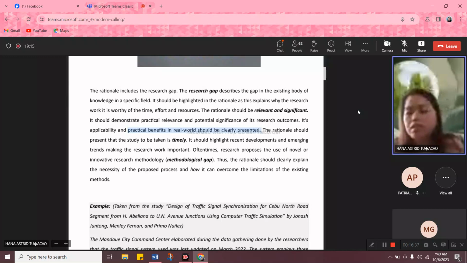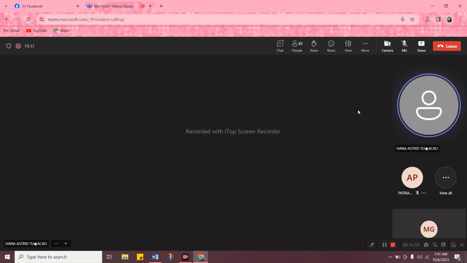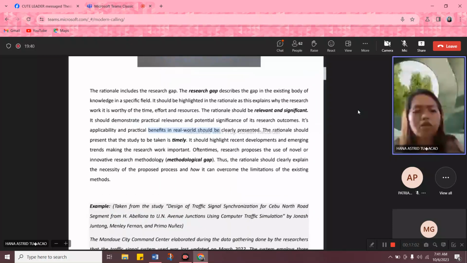Does it increase or lower the strength, or is it good for high-grade structural members, or would you just apply it for SOG? It is not performing for that. So real world application should also be indicated if possible. The rationale should present the study as timely.